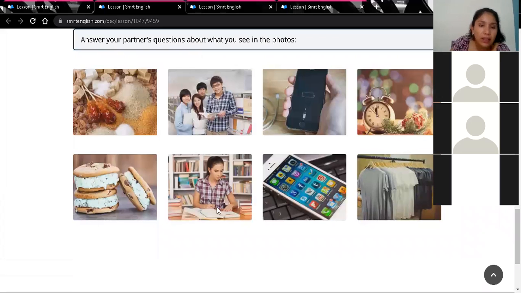Look at the first image. What is this? This is sugar, I guess? Yes, it's sugar. Guillermo, ask Erika, please, a question related to the first image, and she's going to answer you, and you will tell her if it is correct or incorrect. How much sugar are there?